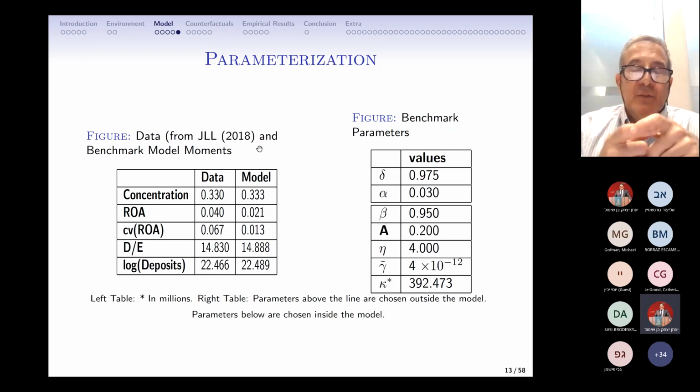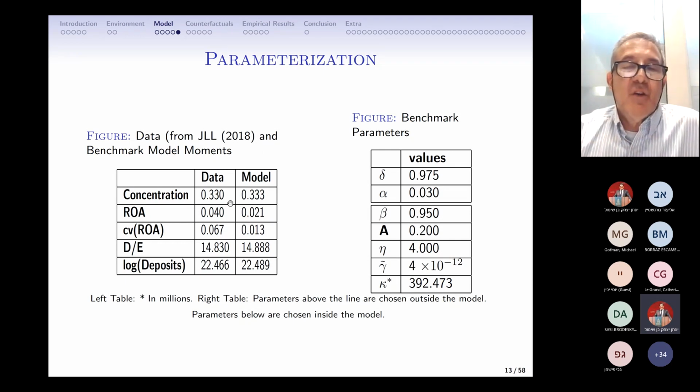In IO, you define a market and then you see how many banks are in the market. I can't recall exactly their definition of how big a market is, but basically, on average, their markets were about 3 banks in a given market. So in the model, we choose kappa to match the data on concentration in a given market.